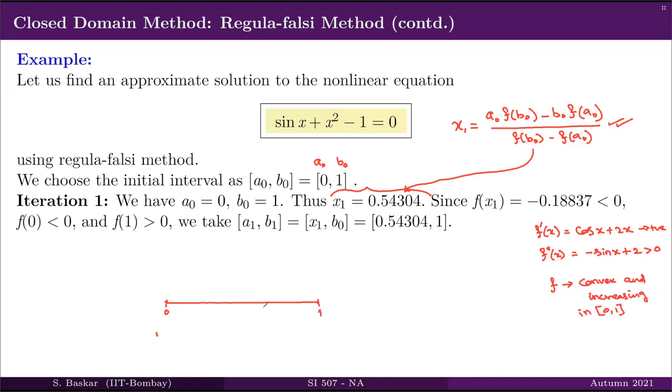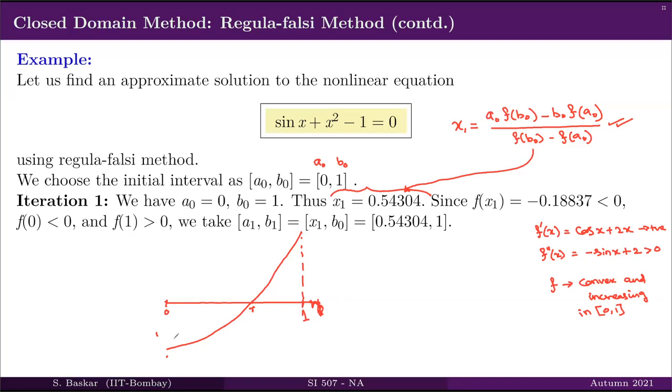Let us try to understand this graphically. Let's take the interval 0 to 1, and the graph of the function f will look something like this. This is the root of the equation f of x equal to 0, which we would like to capture.